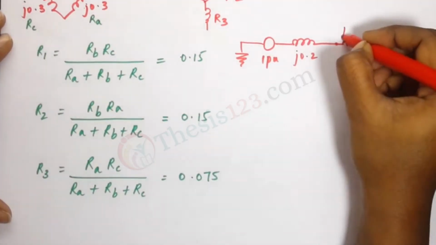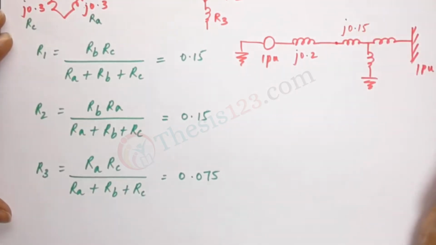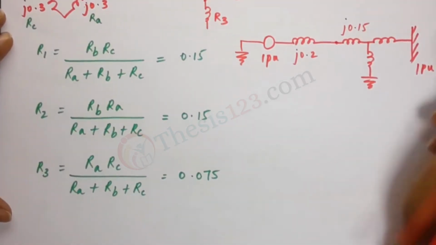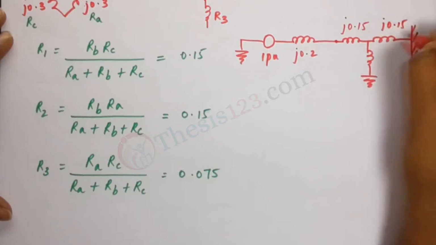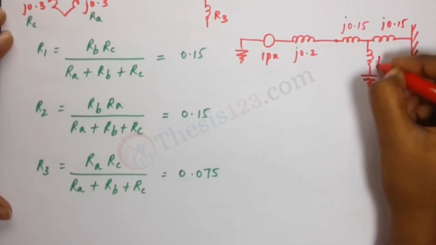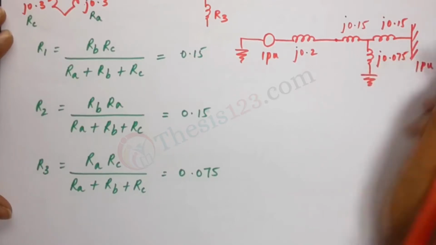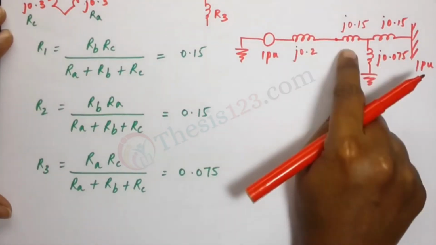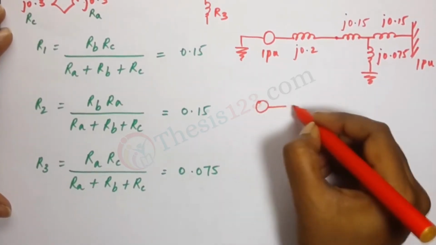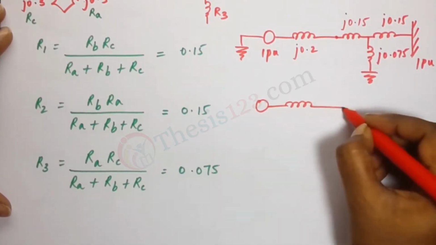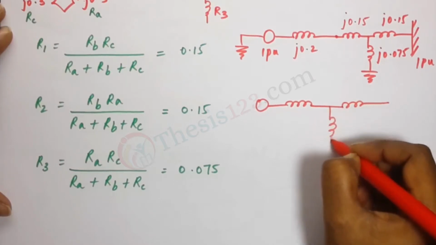So here we have R1 at j.15, and then we have R2, which is also j.15, and here we have R3 at j.075. Alright, so now these two impedances are in series, so we can just add them to give us one value.